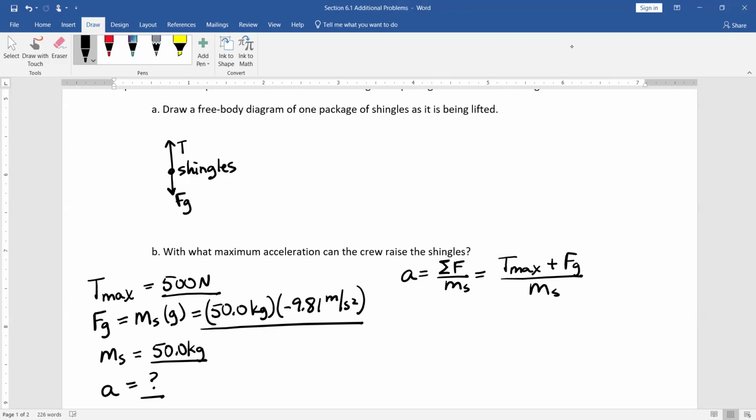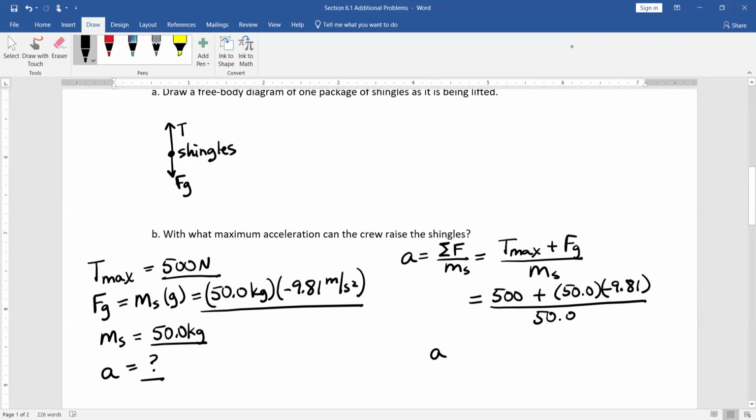All right, so it's the max tension, because obviously if they're pulling it at the maximum acceleration, then they're going to be reaching that threshold. So when we plug in our values there, we have the 500 newtons plus, in my case, 50 times negative 9.81, divided by 50 kilograms.